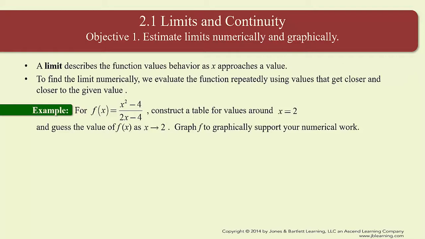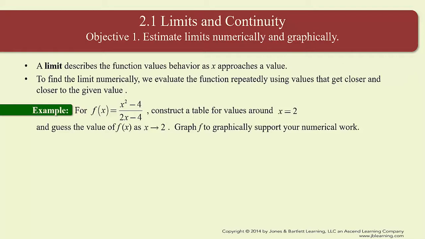Now notice this notation, x arrow 2. That arrow is shorthand for the word approaches, so that is read x approaches 2. You can think that means x is really, really close to 2.